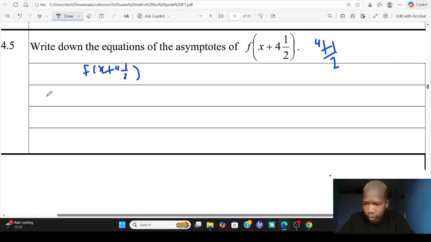So we have to determine the asymptotes, right? So we know that it's going to be x is equal to minus 6 1 over 2, and y is equal to minus 1, right? So those are the asymptotes.